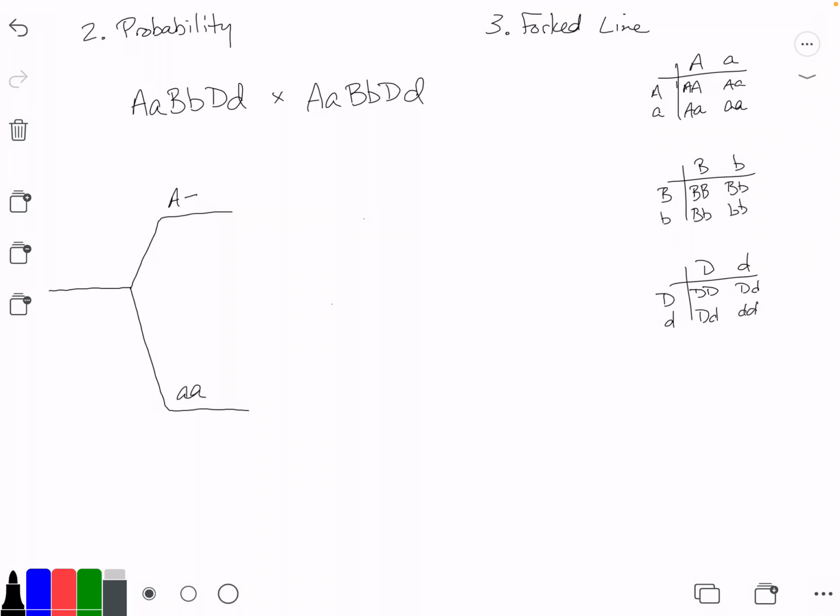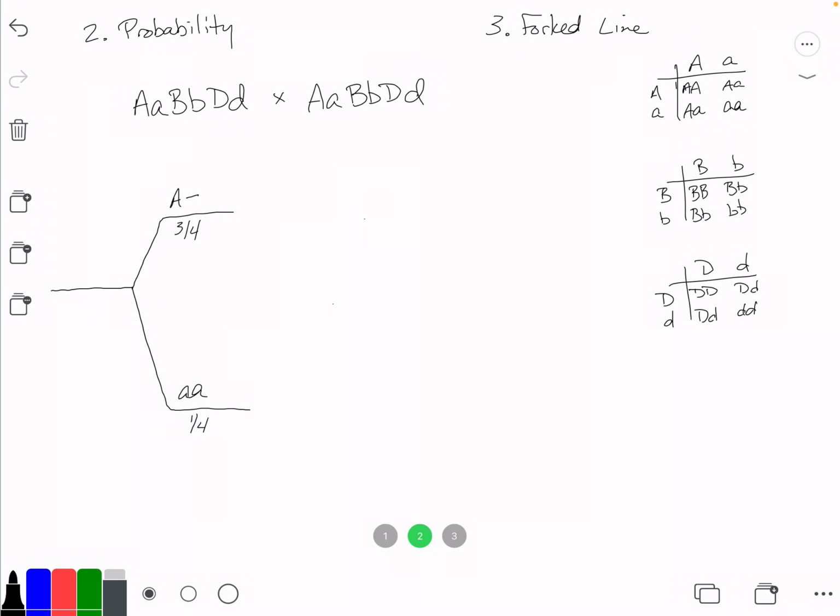You could have a homozygous dominant as one path, the heterozygote as a middle path, and the homozygous recessive as the third path. But usually we use this when we're saying, what's the possibility of having some particular outcome? Well, we know that I have a 3 out of 4 chance of going in the upper path, 1 out of 4 chance of going in the lower path, based on that little tiny Punnett square I did.